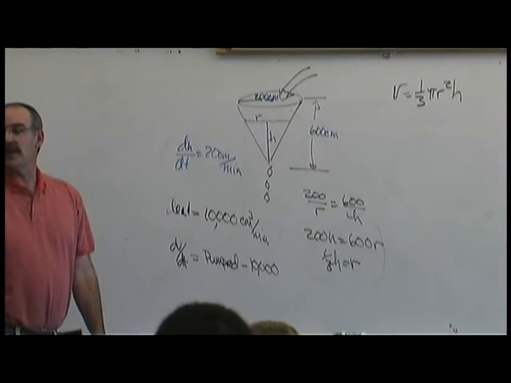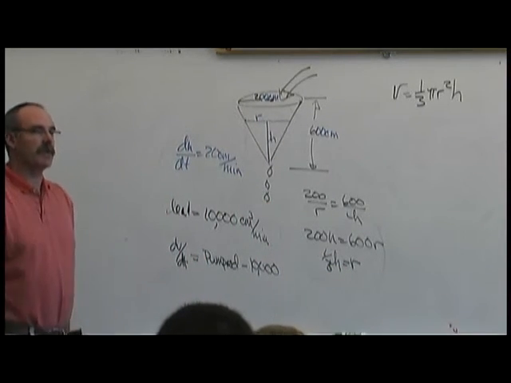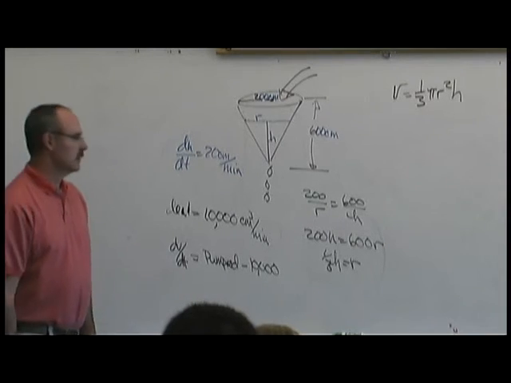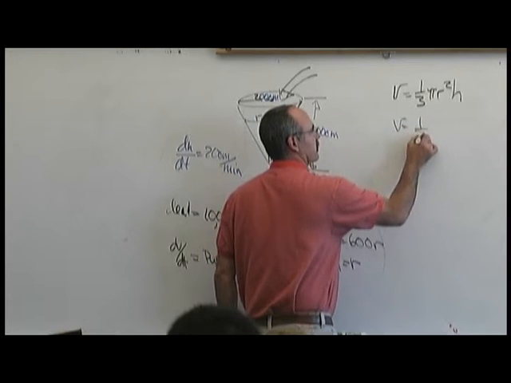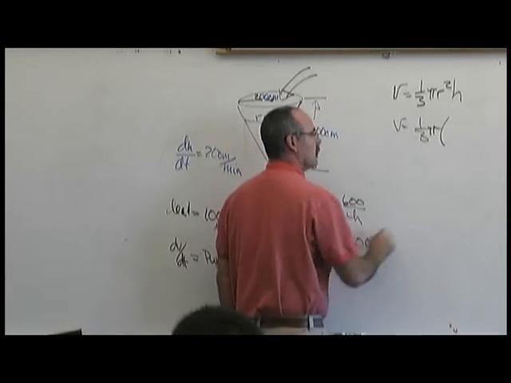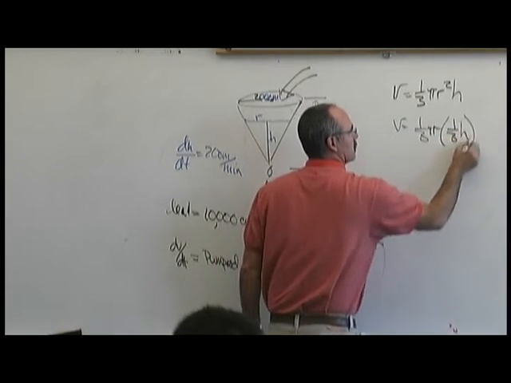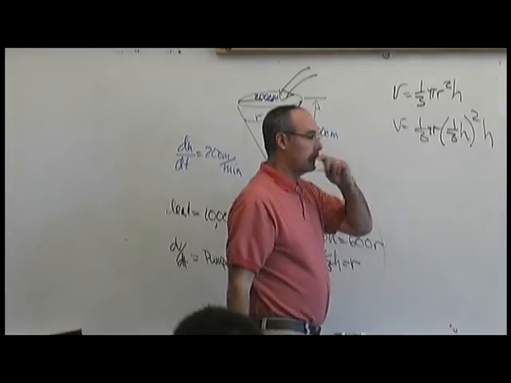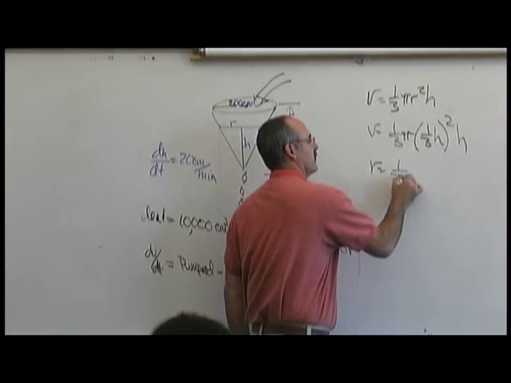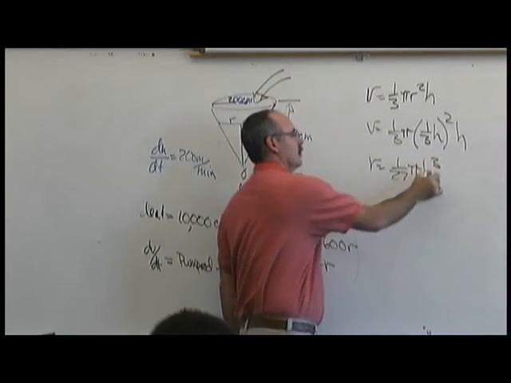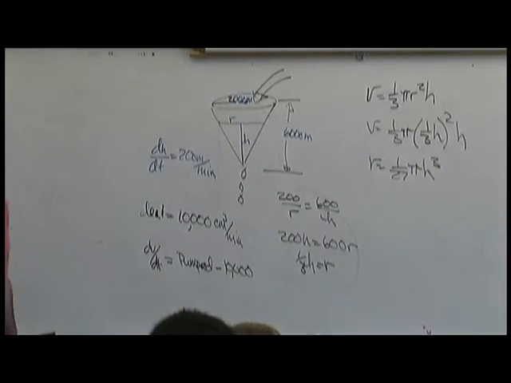I got r in terms of h because I have information about dH/dt, right? So I'm going to plug this in for r. Volume is 1/3 pi times r squared times h. 1/9 h squared times 1/3, I get volume is 1/27 pi h cubed. We like it.